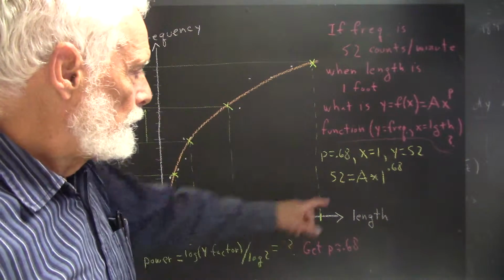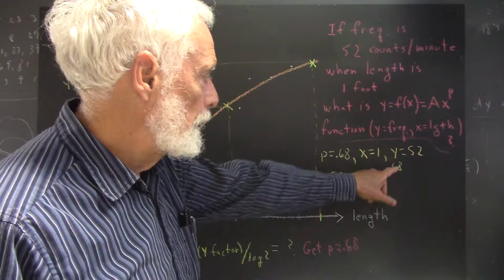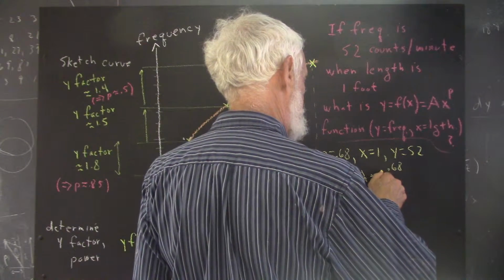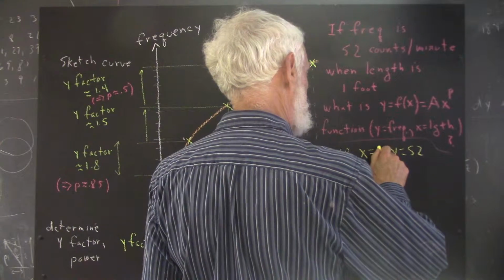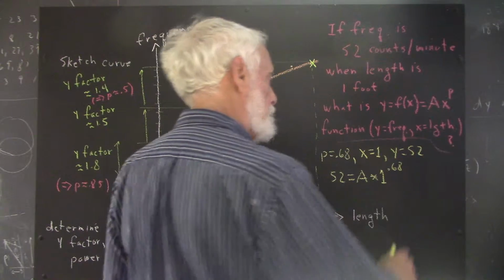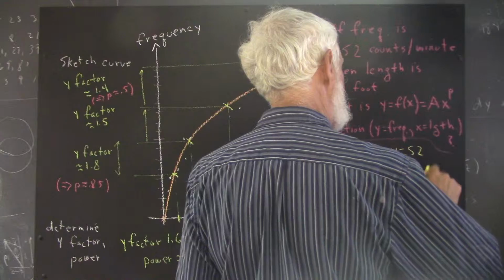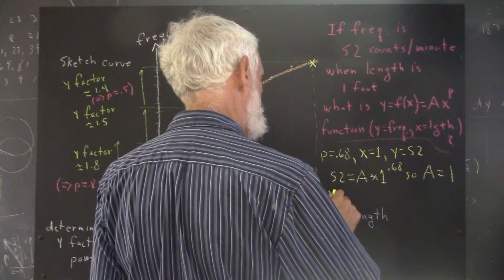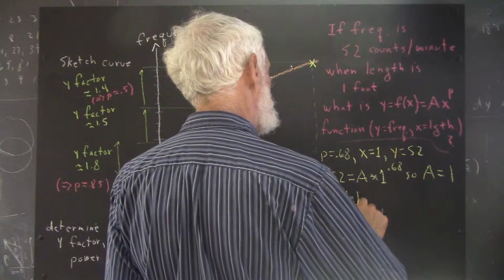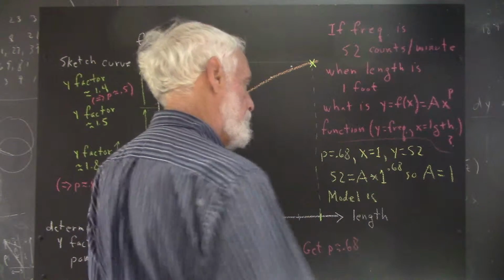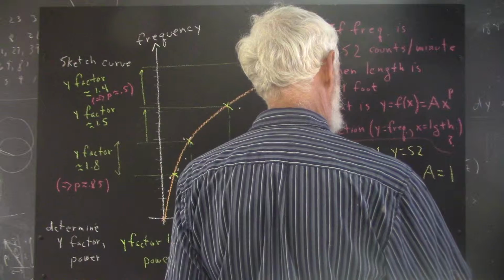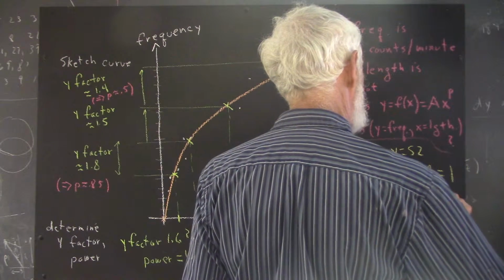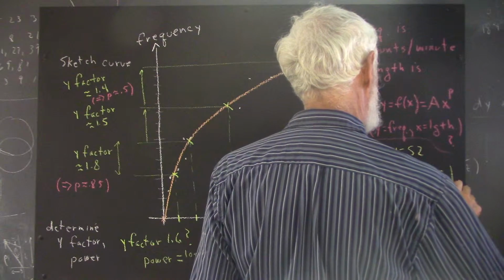So 52 equals A times 1 to the 0.68. So A equals 1, and now our model is y equals 52x to the 0.68.